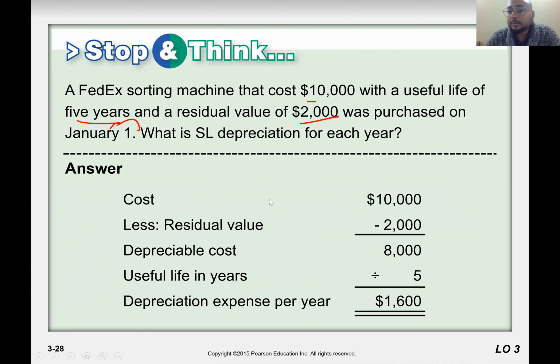The answer would be 1,600 per year. If the question asks you per month, then divide this 1,600 further by 12. So pay very close attention to what the question is asking: depreciation per month or depreciation per year. So the answer is 1,600.